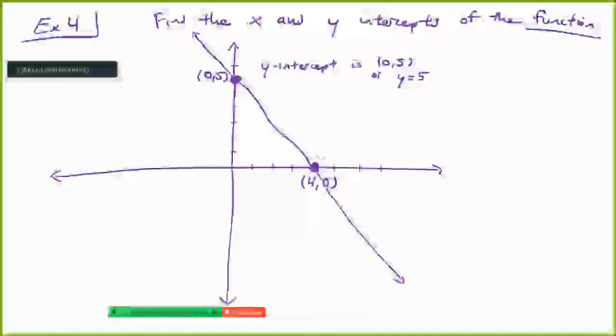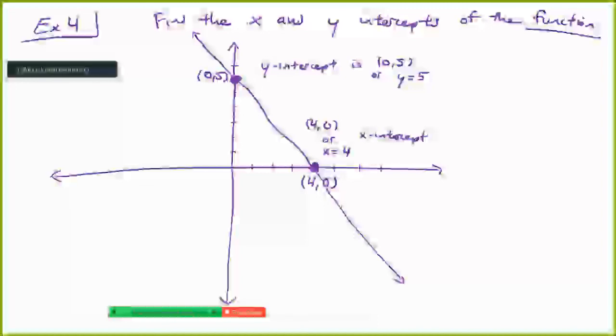And my x-intercept, I look down there where it's crossing the horizontal and it's crossing at 4. So my x-intercept would be x is equal to 4, or they may say it as a point, 4, 0. That's the x-intercept.